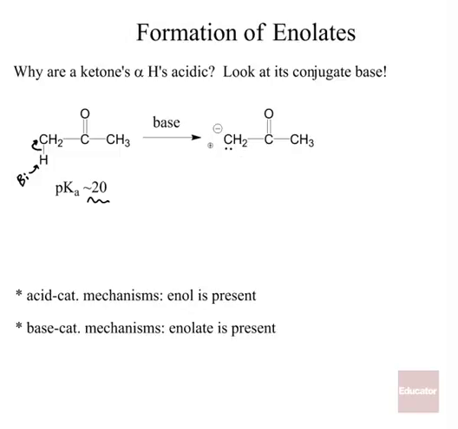Now, normally a carbanion is not a very happy charge because carbon doesn't like having a negative charge, but there's something about this conjugate base that makes it reasonably stable. Well, that's because the lone pair is allylic. It's next to a pi bond. In fact, it's next to a carbonyl, which means it has resonance. I can delocalize this charge.